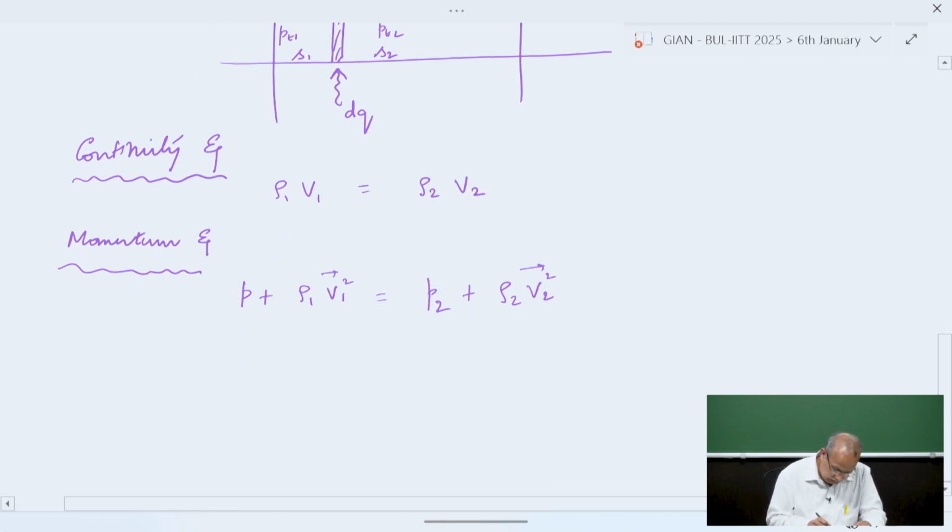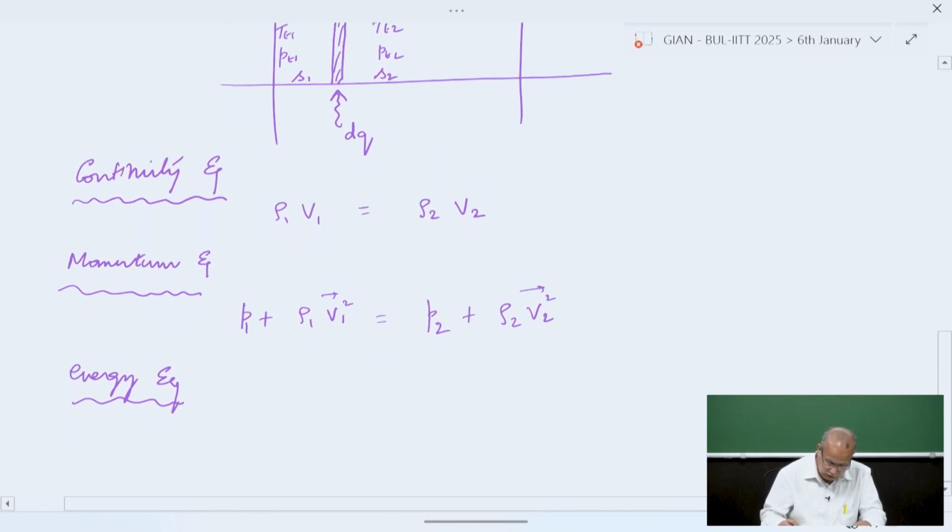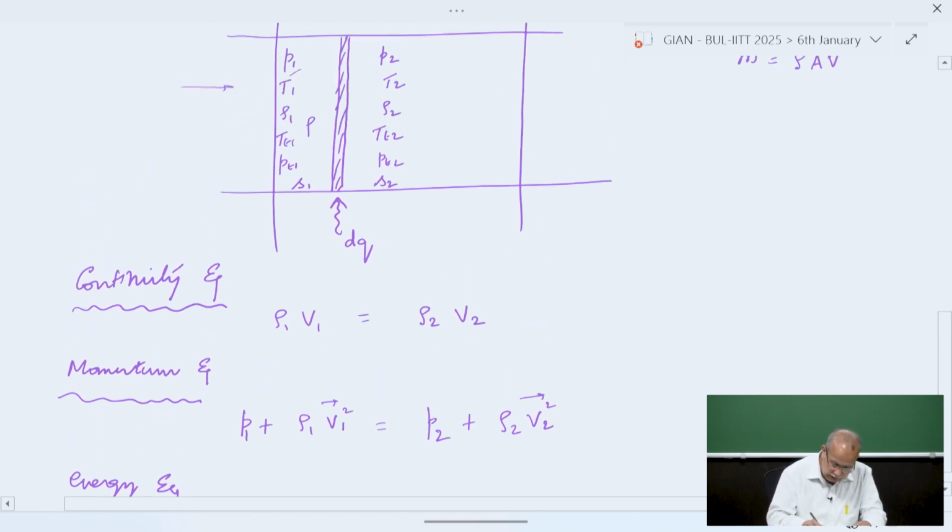Then the third governing equation is the energy equation. The energy equation is the enthalpy. So here is the enthalpy H1 and velocity V1, the enthalpy H2 and velocity V2. All the properties are going to change.